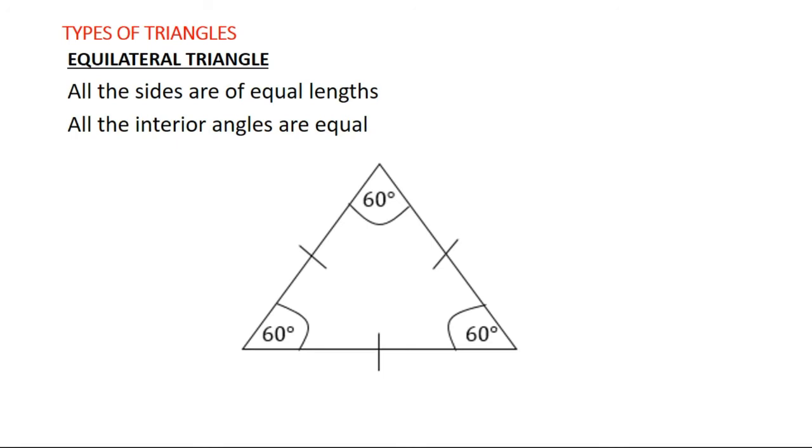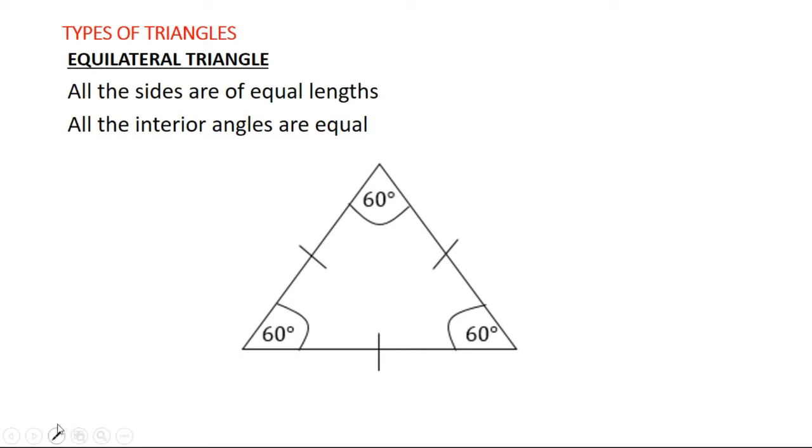So let's begin with the first type of triangle, the equilateral triangle. If you watch the video on mensuration, we did explain the equilateral triangle and its properties. In this video, we are going to consider the angle properties of an equilateral triangle.